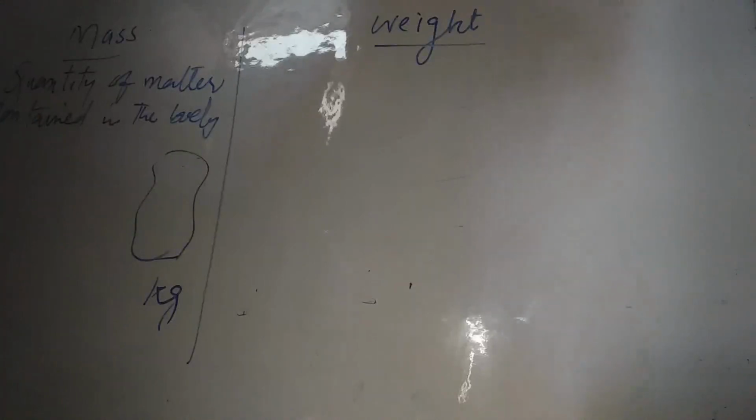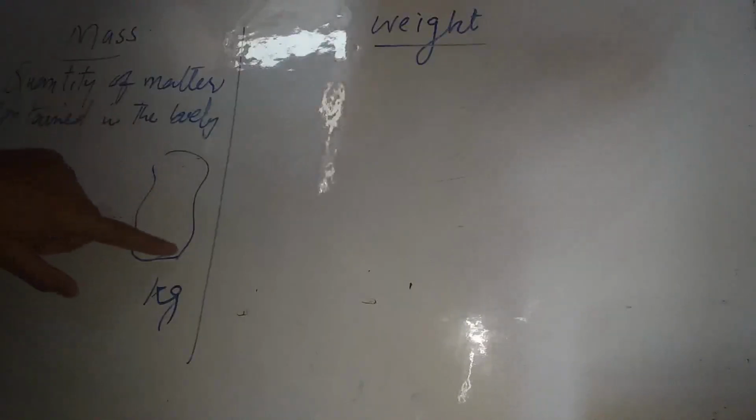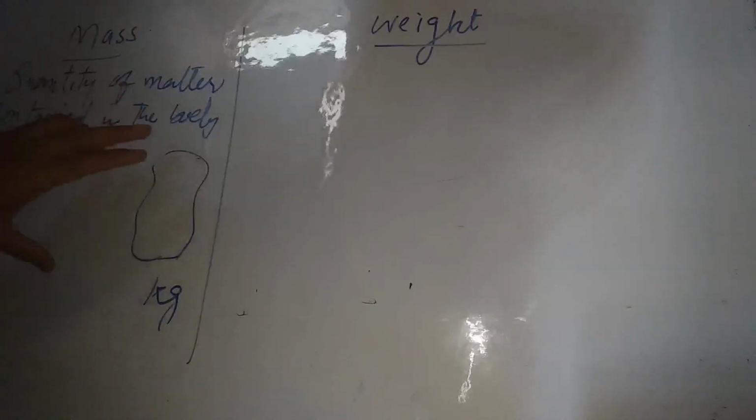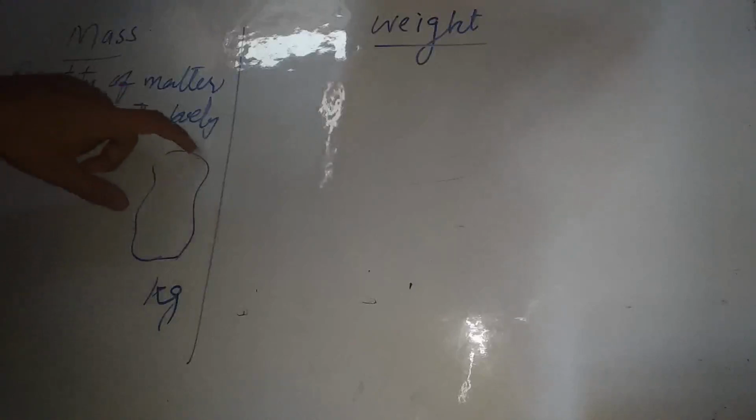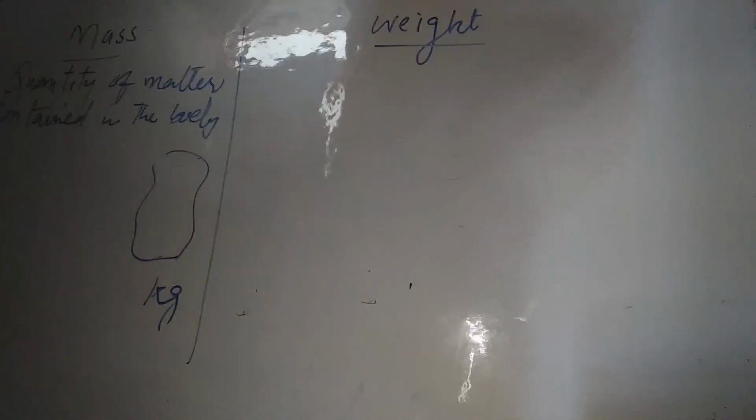It is independent of surrounding and independent of position. Whatever position you place the object in, the mass will remain the same. If it has the surrounding of the moon or of the earth, it will not change.